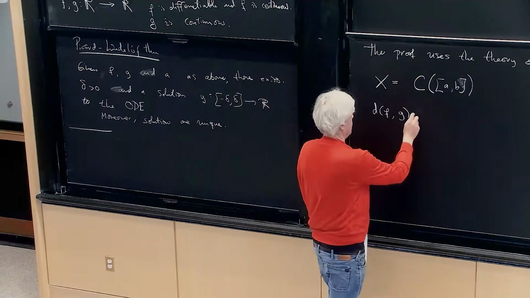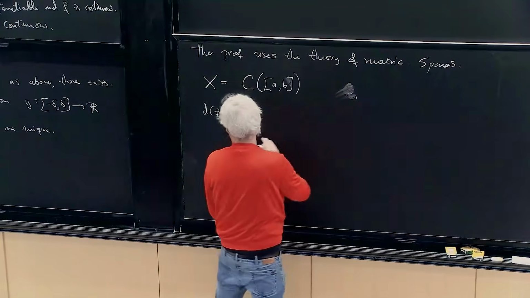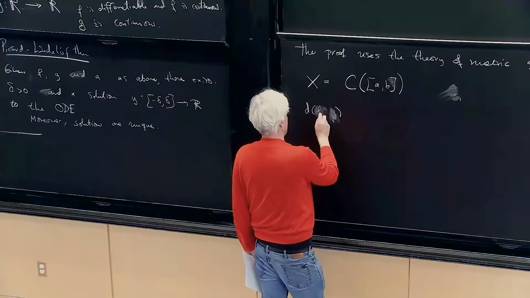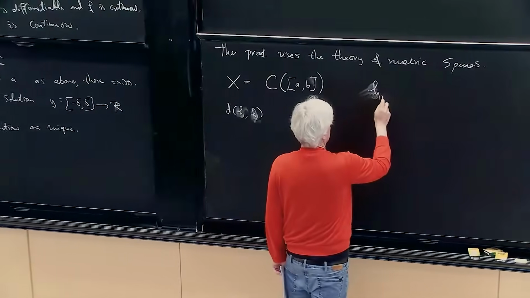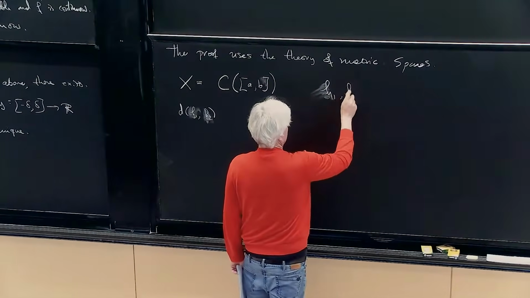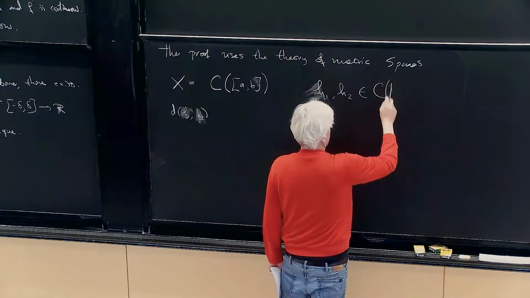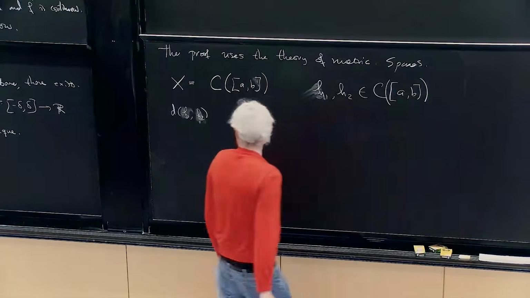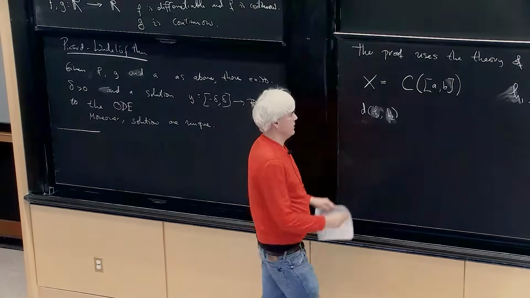So if h1 and h2 are continuous functions on an interval like this, then the distance is this that we have considered various times.